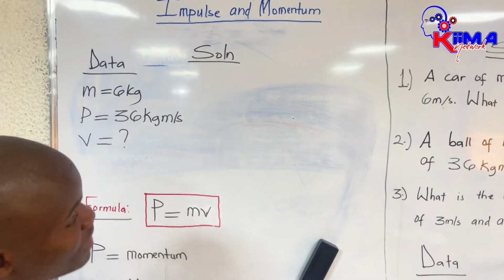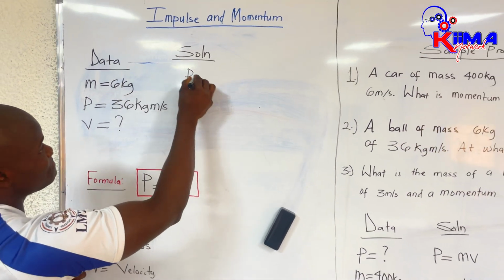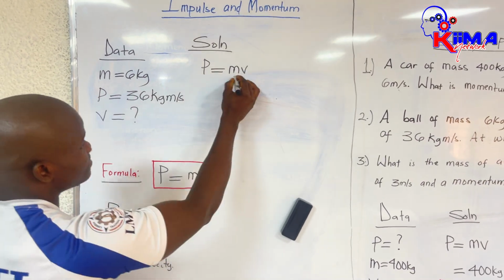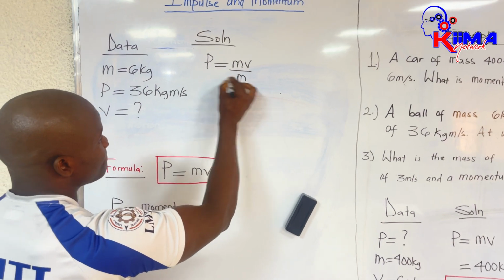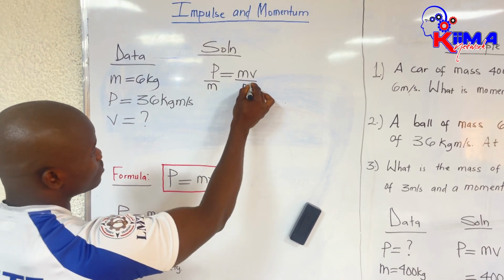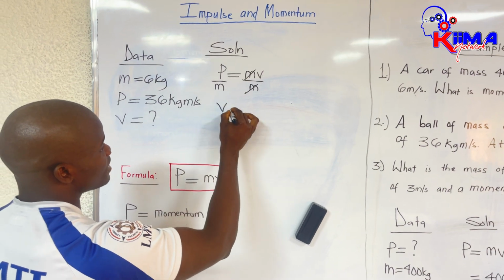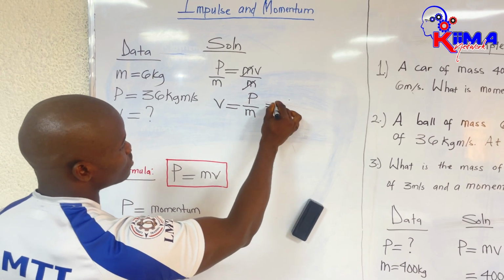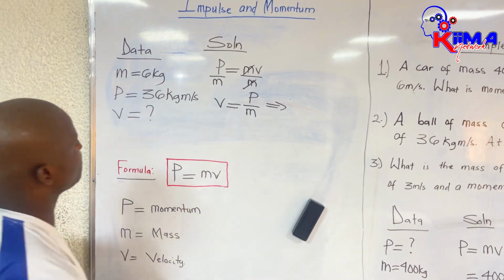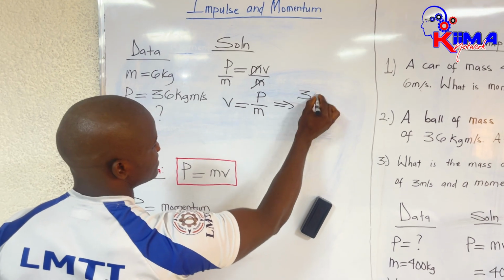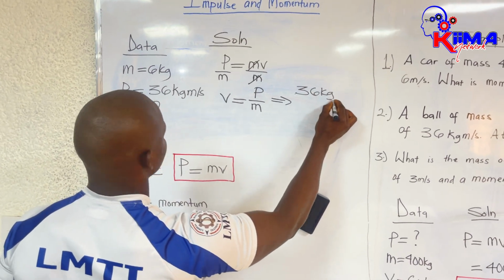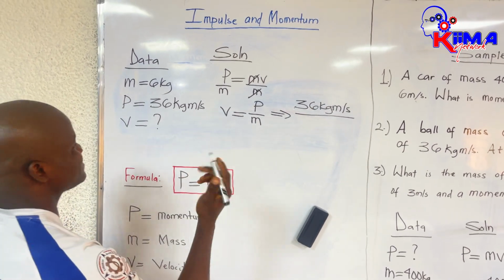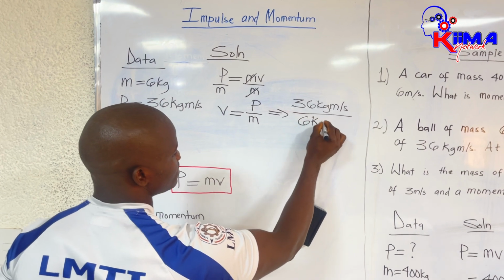So we can find our solution. We know that the formula says P equals mv. Now we can make V the subject by dividing this side by M and dividing this side by M. So M will cancel M, and V now equals P divided by M, which equals 36 kg meter per second divided by the mass, 6 kg.